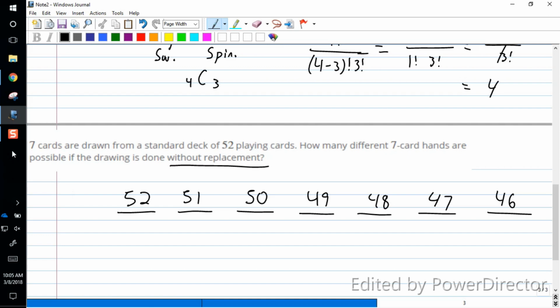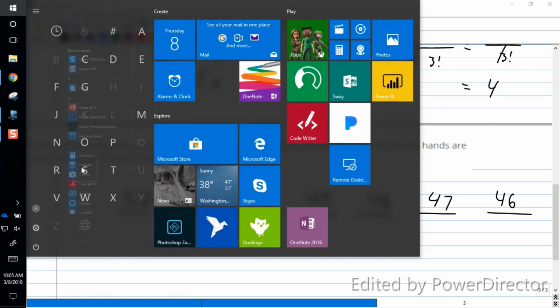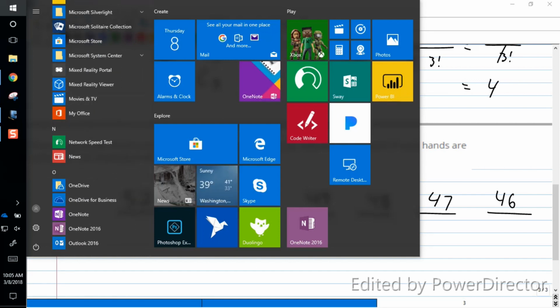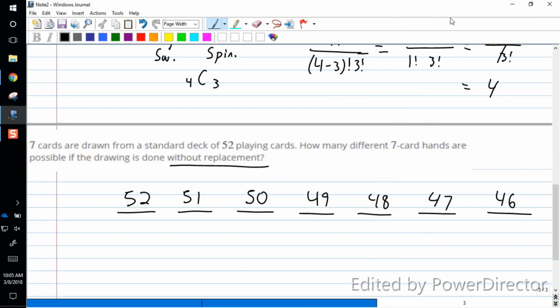Another way to think about this would be a combination? Let me see what this answer is. Anybody multiplied that yet? Did you get 133,784,560? Yeah. All right, so that's the answer.